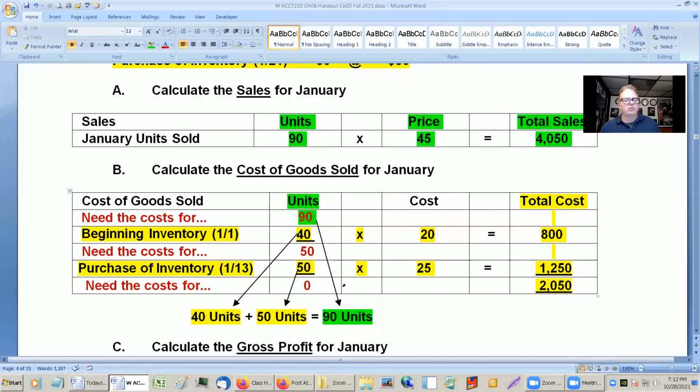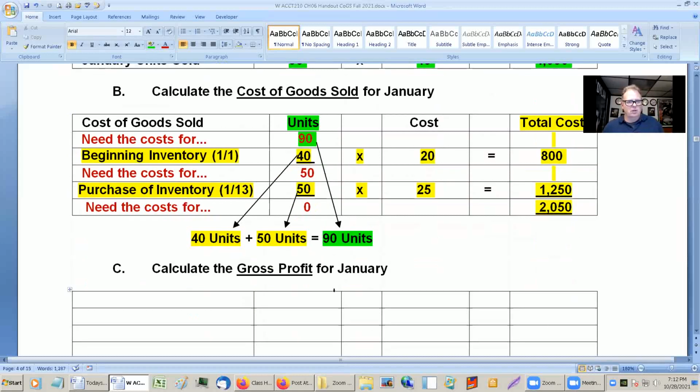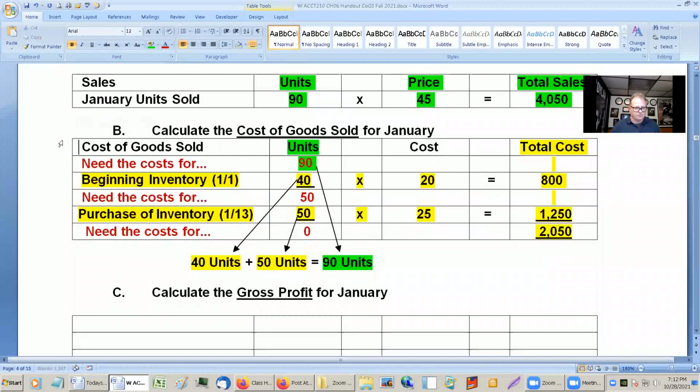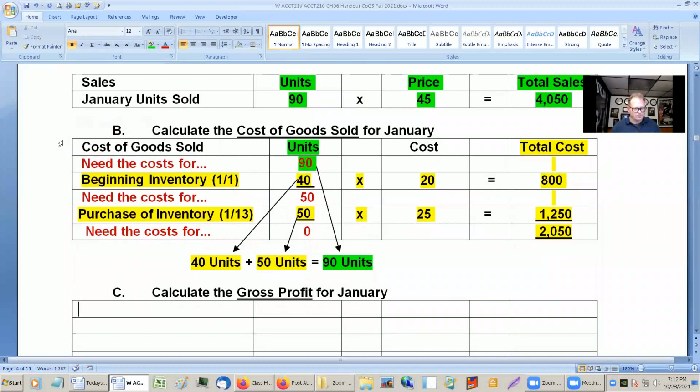Okay, let's go to gross profit. Oh, what am I doing? Sales of 4,050, minus cost of goods sold.